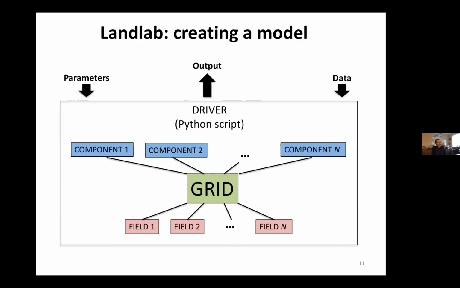And how this operates is that you have the grid, and then you have the components with given parameters. The components work on the grid, and then the components change a state variable, and those state variables are recorded in different fields, like field 1 and 2 and field n. That field could be vegetation cover, it could be soil moisture, and so on.